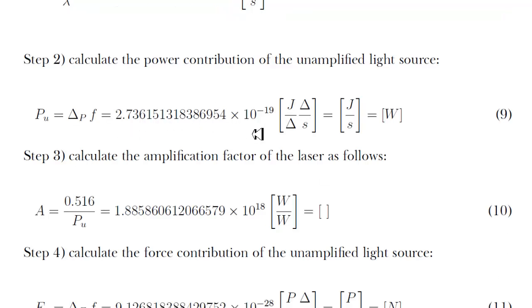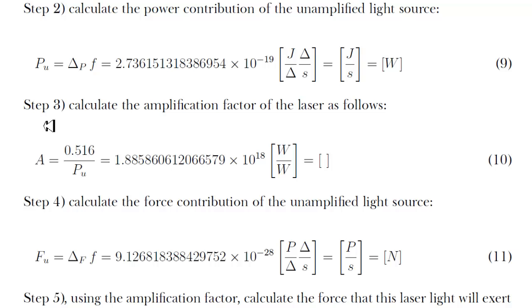So using this value, we can now do step 3, calculate the amplification factor of the laser. Okay, so we take the power of the laser, 0.516 watts, from the original question, and we divide that by P sub U, which is the power contribution of the unamplified light.